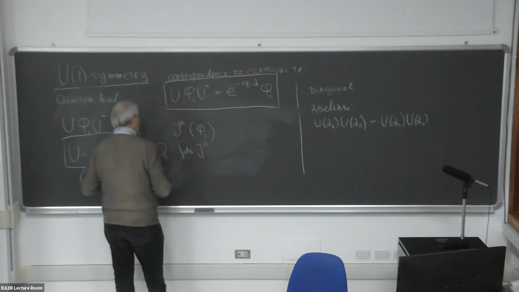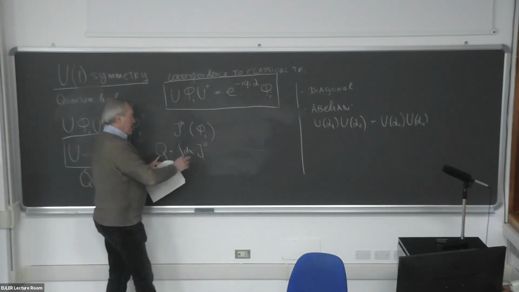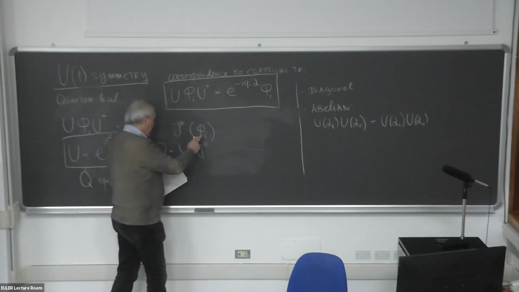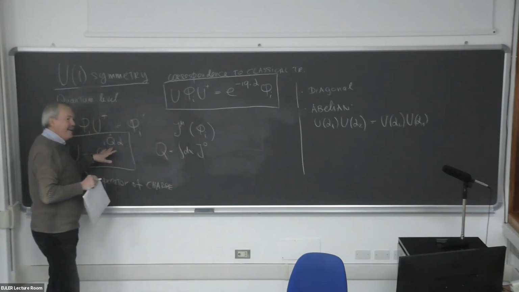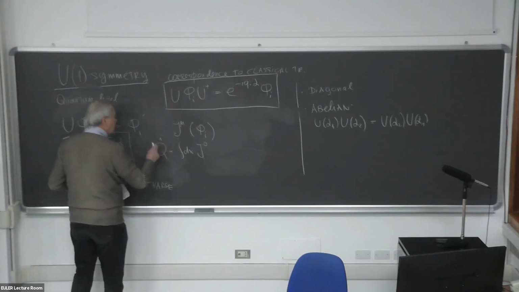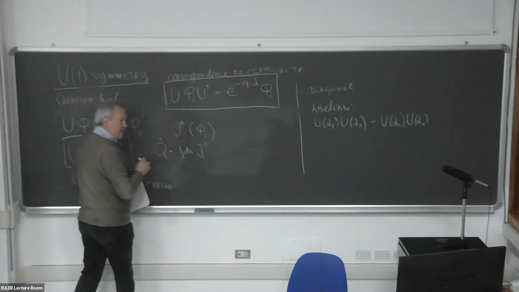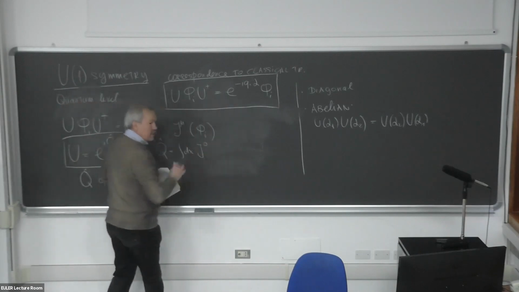That gives you the charge. When you go to a quantum level, this becomes an operator, and therefore Q becomes an operator. What is staying here is precisely this type of charge constructed out of the operators of the fields. So using this and Noether's theorem, you can prove this.